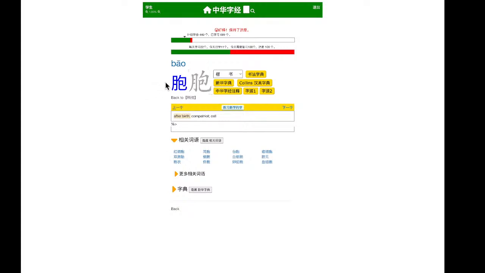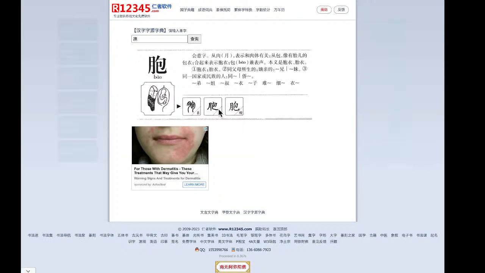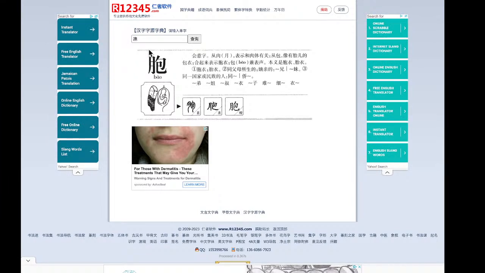胞. If you look at this word, it should be very easy to remember because the left side is the 月. Anytime you see a 月 in a character, it means something related to body parts, something to do with meat, with body parts. And the right side is 包. 包 means a bag.